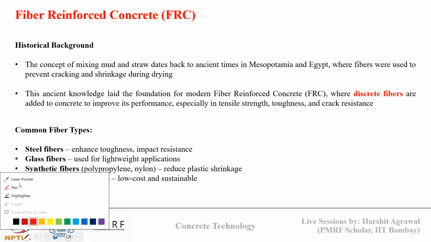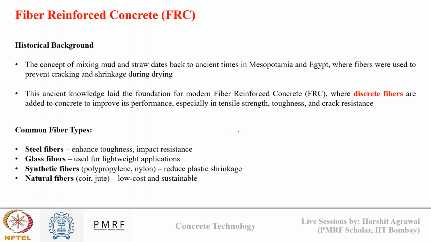Now the next topic that we are discussing is fiber reinforced concrete. If we look at how the use of fiber came into existence in concrete, this concept of mixing mud and straw dates back to the Egyptian and Mesopotamian era, where fibers were used to prevent cracking and shrinkage during drying.